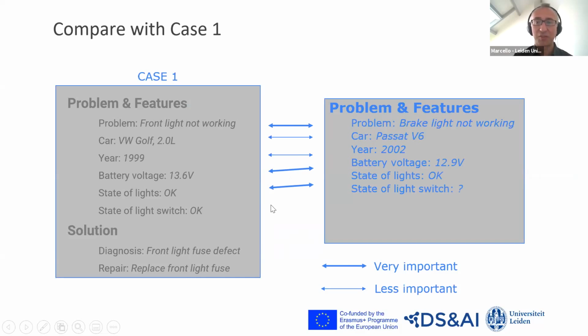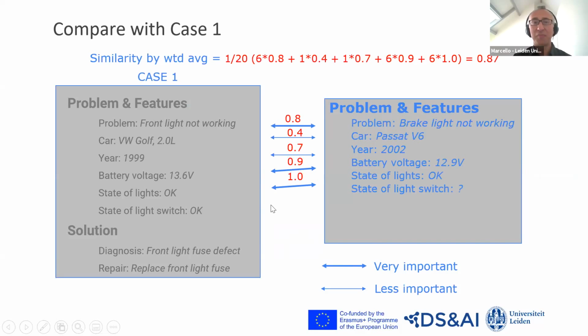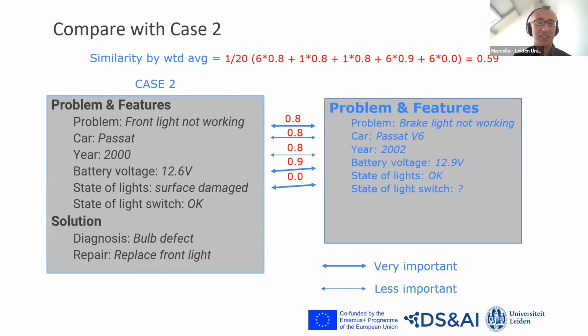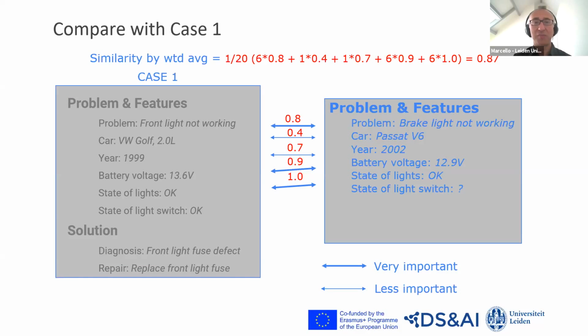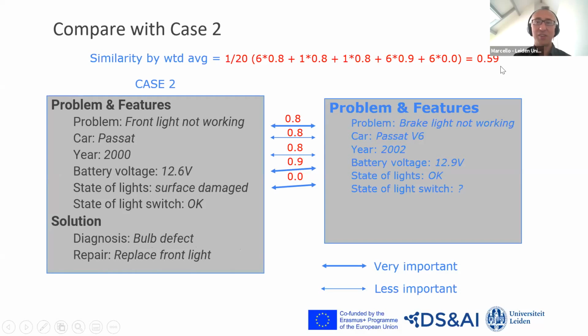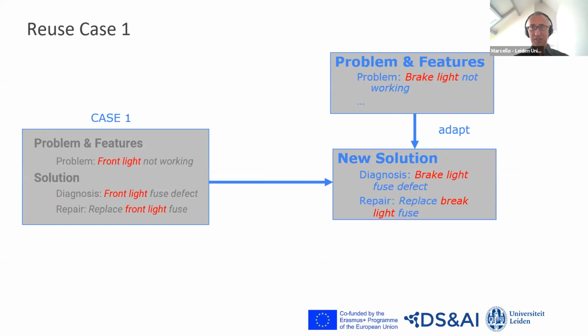It's important, it's not important, and give even some numbers. Then you calculate in some way the weighted average. If you match with case one, you get 0.87; here it's 0.59. So you choose the best one and say this is a possible solution.